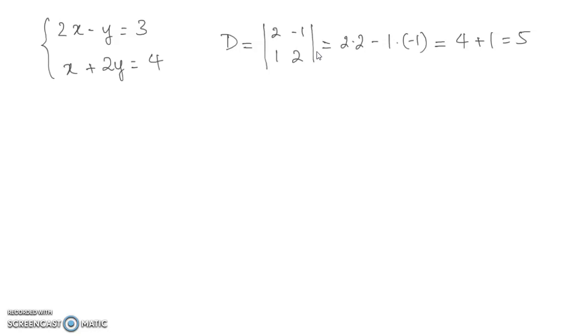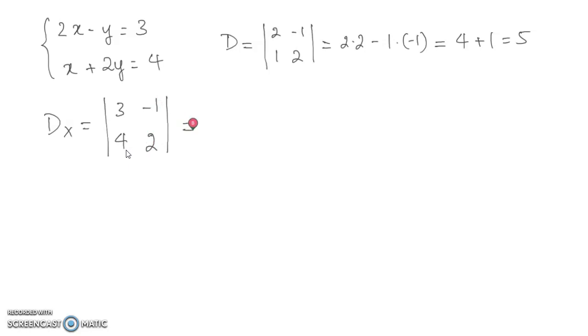Okay, and then we have dx. So again here, because we talk about x, right? For this column x here, we would replace it by the constants 3 and 4, and then for the y column, we keep the same.